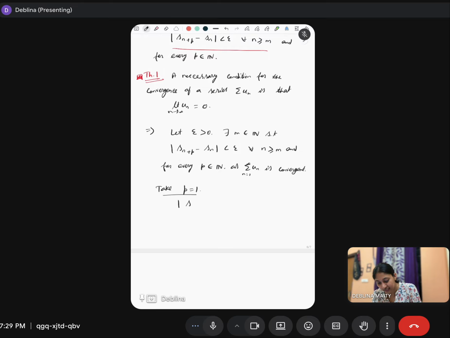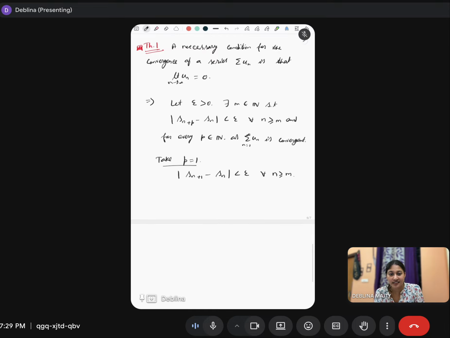Then we get Sn plus 1 minus Sn is less than epsilon for all n greater than or equal to m. Now what is Sn? Sn is the nth partial sum. So Sn plus 1 is the n plus 1th partial sum. So Sn plus 1 minus Sn is un plus 1, which is less than epsilon for all n greater than or equal to m.